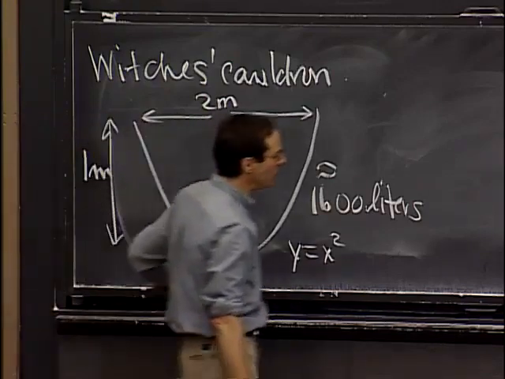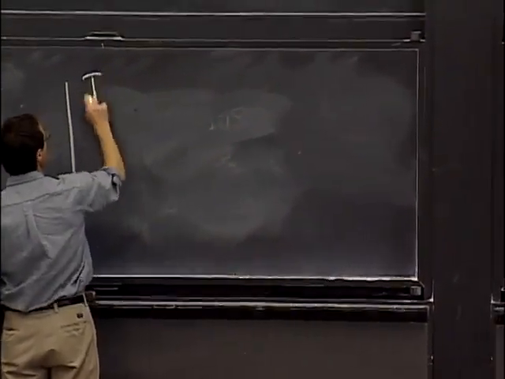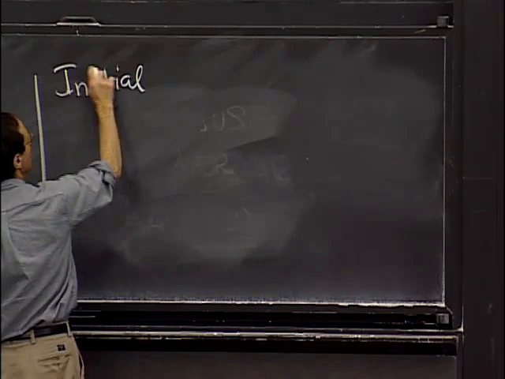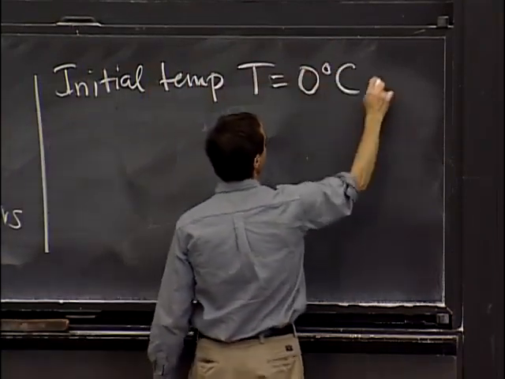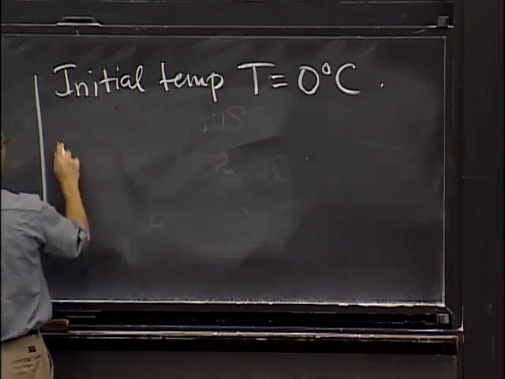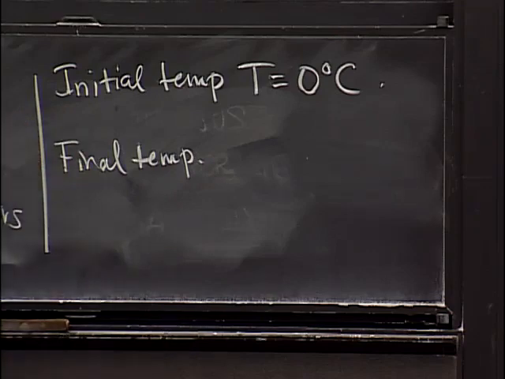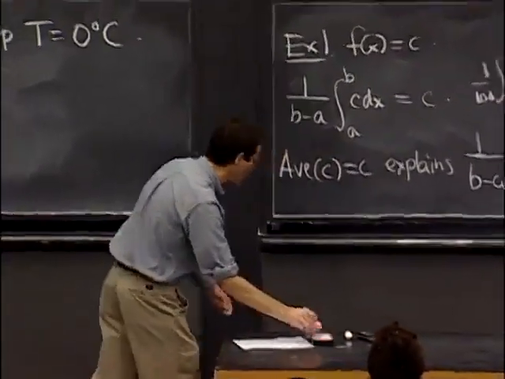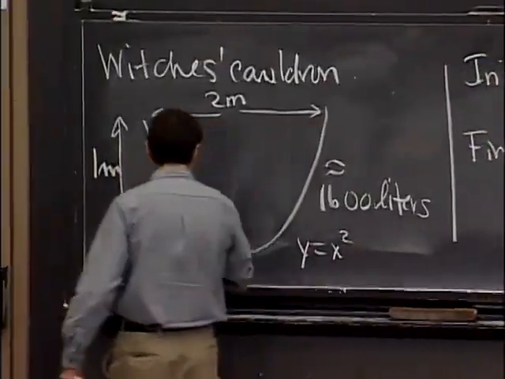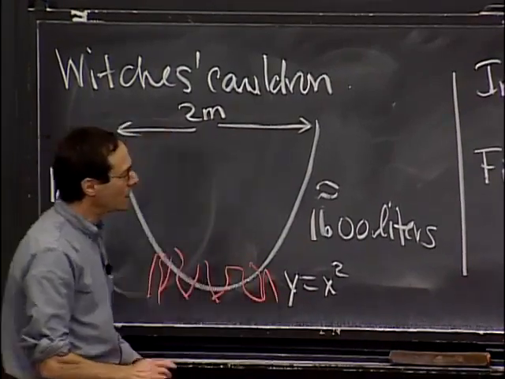And the situation that I described at the end of last time was that the initial temperature was T equal to 0 degrees Celsius, and the final temperature, instead of being a constant temperature, we were heating this up from the bottom, and it was hotter on the bottom than on the top.